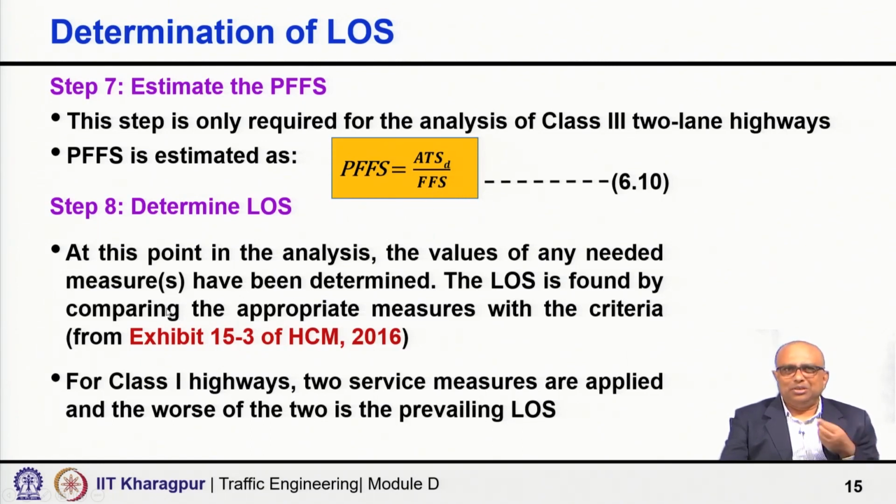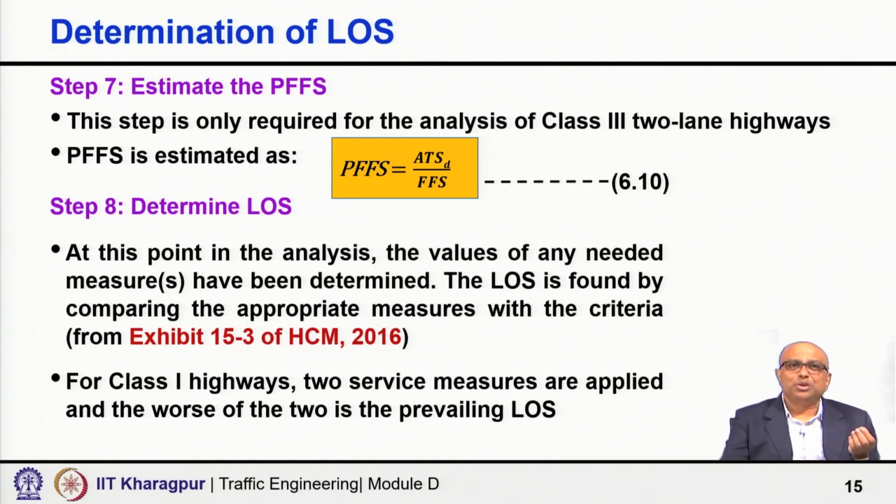Now, at this point, step 8, you have calculated all the service measures relevant for the particular class of road. For class 1 and 2 there are two measures, in the other case one. Now, the threshold values are given, what value of service measure means what LOS. So, accordingly you can determine the LOS.